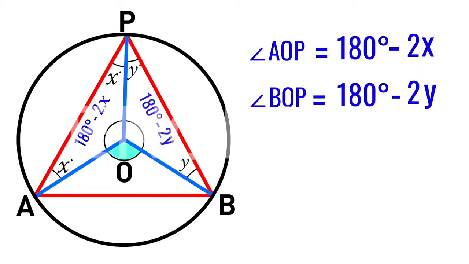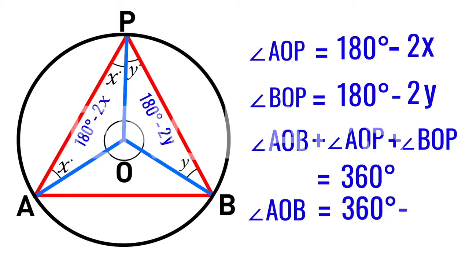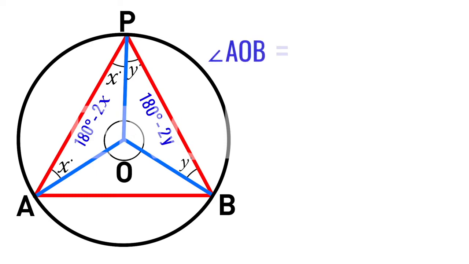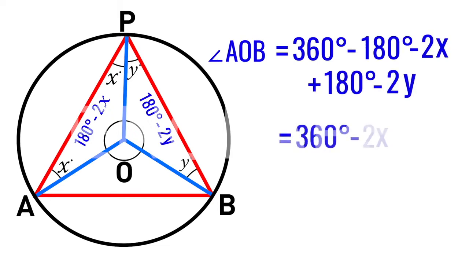The sum of all the angles around the point O is 360 degree. That is, angle AOB plus angle AOP plus angle BOP is equal to 360 degree. So, angle AOB is equal to 360 minus (angle AOP plus angle BOP). Substituting the values of angle AOP and angle BOP, we will get angle AOB is equal to 360 minus (180 minus 2x plus 180 minus 2y), which is 360 minus 360 plus 2x plus 2y.